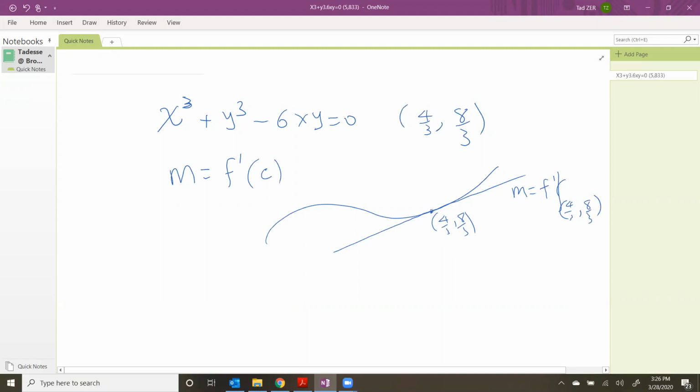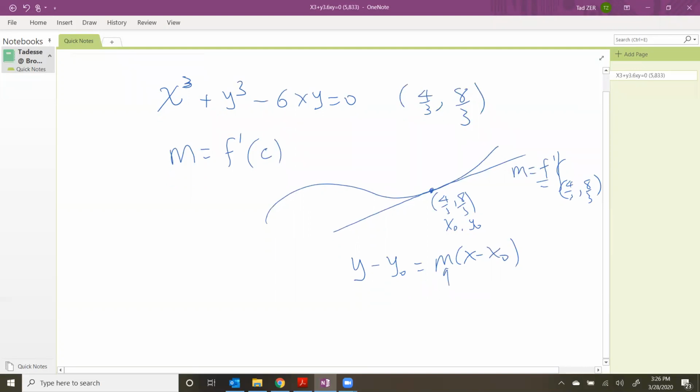And because it passes through this point, which I call x0, y0, the point of tangency, then the point slope form says the equation of this line will be given by y minus y0 equal to m times x minus x0. So basically what we are going to do is find m, which is the derivative, and then we plug in the given point of tangency.